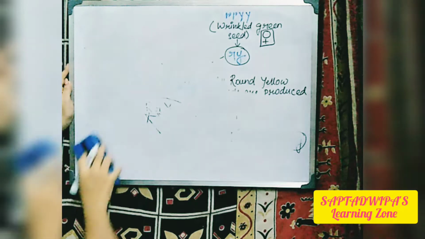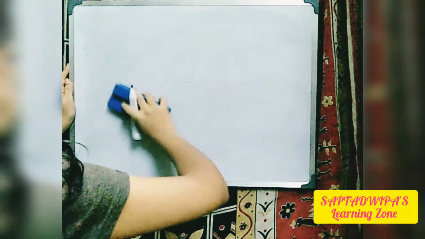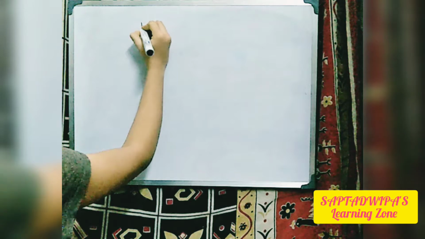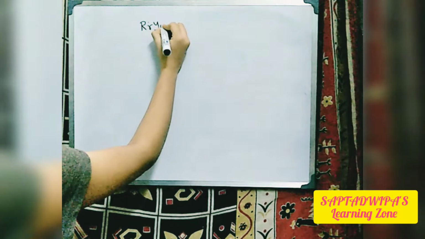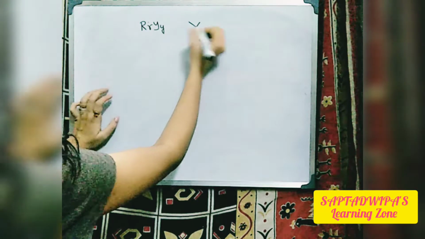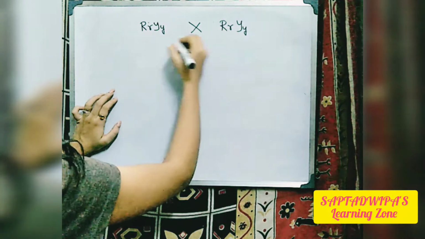Till F1 we did, after that we did the selfing and crossing over again, and the resultant gametes which we got are, what are the gametes which are getting produced? Here we'll make a box. Basically RRYY, and RRYY, that was there. So selfing occurred here.